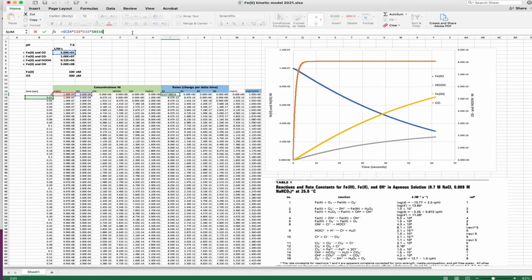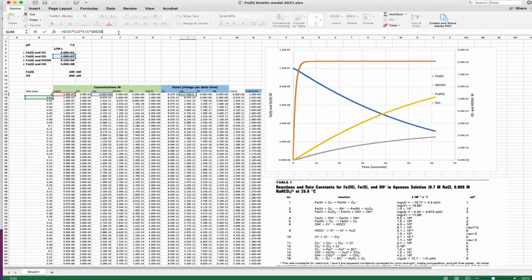All right, so this is delta iron, this is really a column of delta iron because I'm calculating delta iron over delta time is equal to the rate constant times iron times oxygen, and I've multiplied this by my delta time. Notice the trick, I made my time steps constant all the way down, so I just picked up my first time step in cell B16, and so I'm going to use that as my delta T in all of my rates.